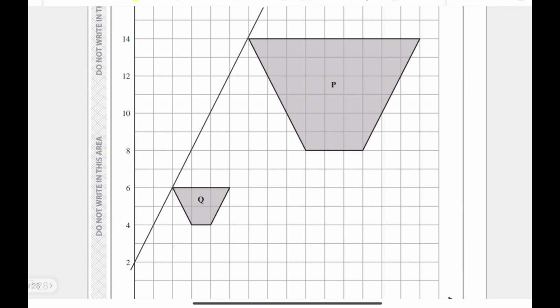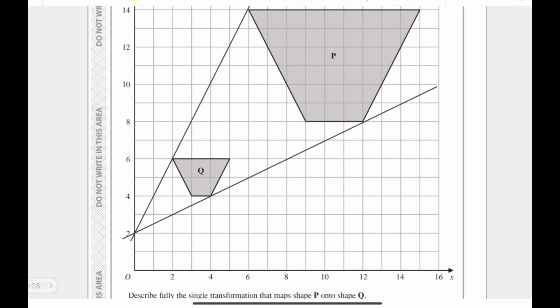Perfect. So we need another point also. I believe that should be from 2. Excellent, I was right. So that means the point of enlargement is this point A, which is 0, 2. So that is the point of enlargement.